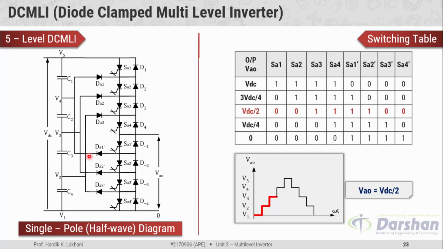So we can say that capacitor C3 and capacitor C4, these two series connected capacitors, would appear across the output terminal. Hence, voltage across output terminal is equal to VDC by 4 plus VDC by 4, that is equal to VDC by 2, and this level we get in the waveform.